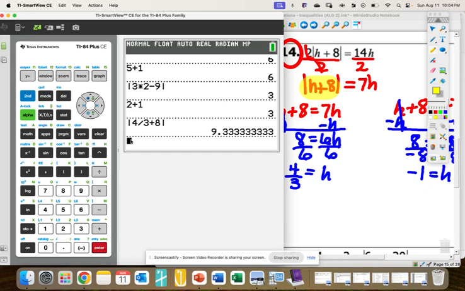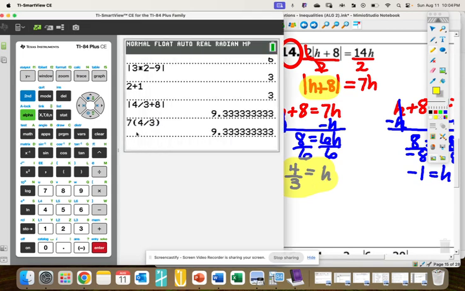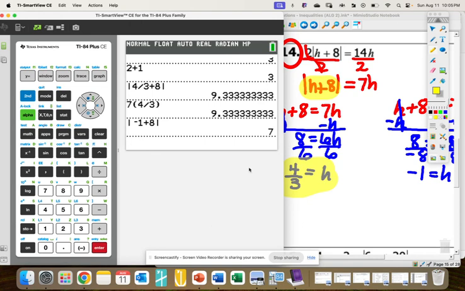And then I need to put 7 times 4/3. And it works. So I know this solution works. It checks out. Let's try negative 1. Go back to my absolute value. And it was negative 1 plus 8. And then on the other side, it was 7 times negative 1.